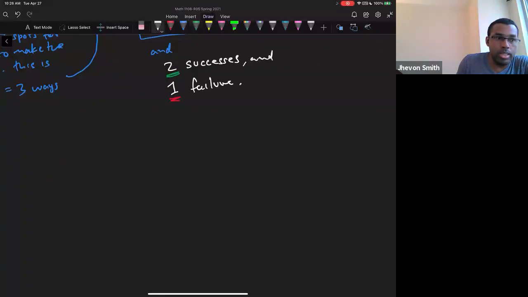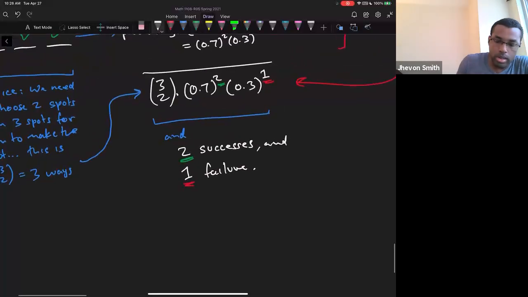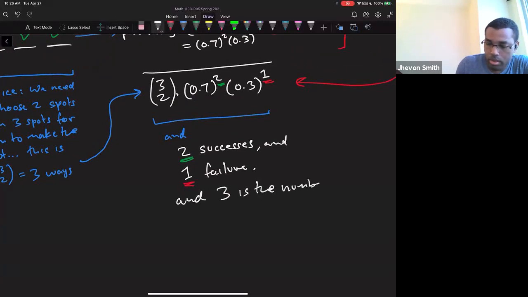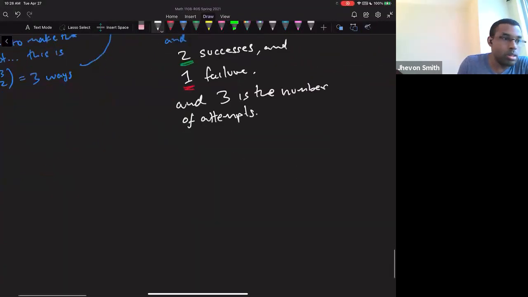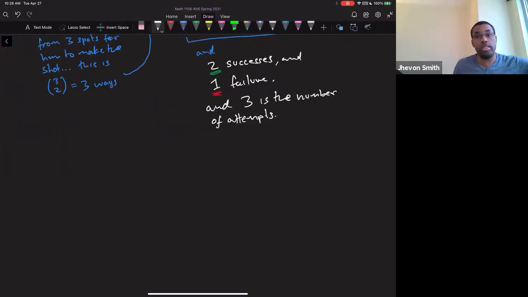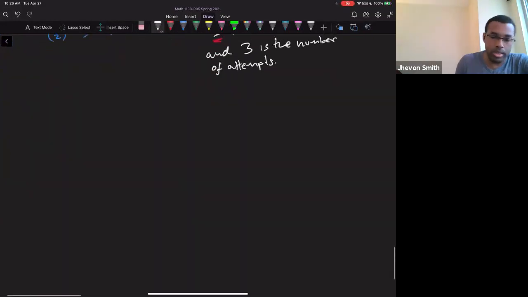So that kind of leads us to, and 3 is the number of attempts. And this leads to what we call a binomial probability. So then I'm going to just give you the formula for this.